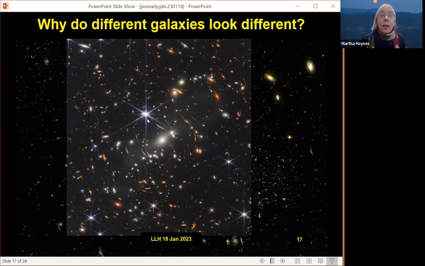Let me also point out that there are a few features in this image, which are stars in the foreground, which look like those pointy things because the light from them is so bright that it interferes with the telescope and causes what we call a diffraction pattern. The stars don't really look like that. There's just so much light they cause this pattern. The other objects, though, are almost all galaxies.